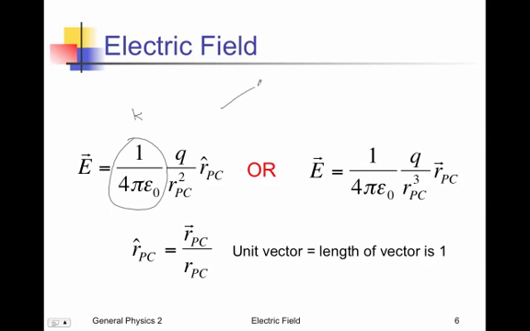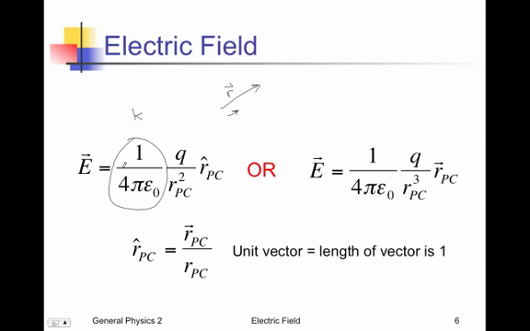If I have a vector like this, where this is my r vector, then if I wanted to draw my unit vector, it would look something like that, where this would be the length of 1, whereas this has a length of r. And so what I have to do is say r vector over the magnitude of r will give me a vector with a length of 1. And so that's what that means.